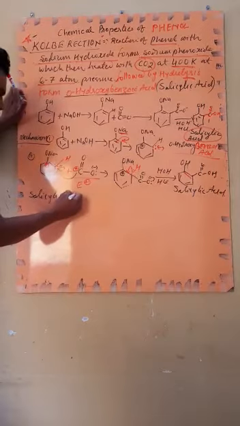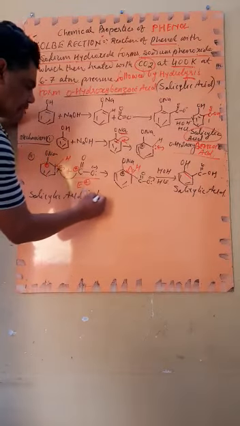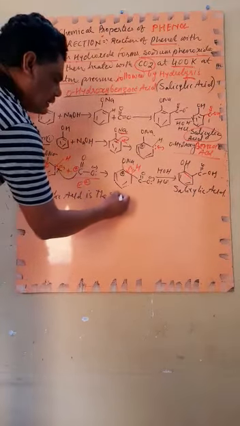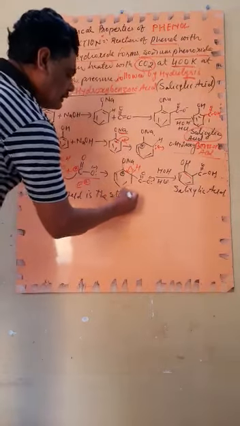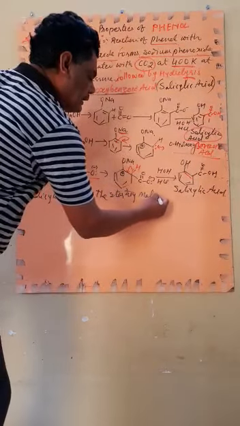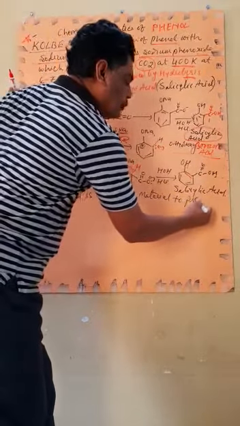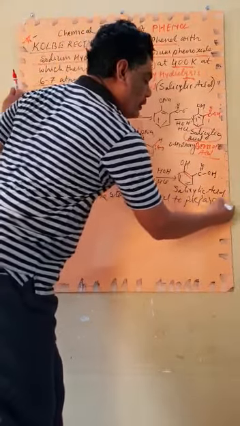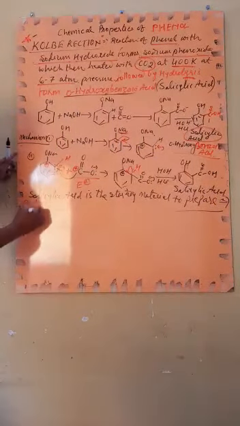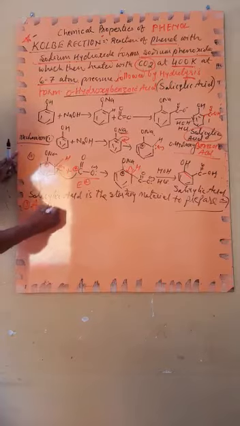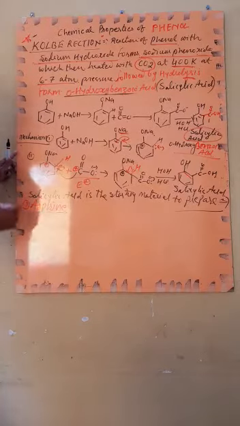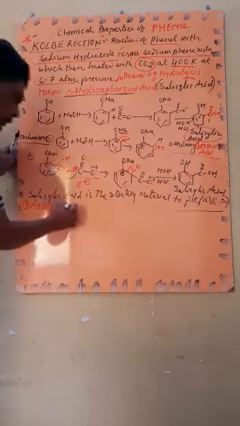Students, salicylic acid is the starting material to prepare 2 very important compounds. The first compound is called aspirin. It is one of the very important compounds. What is aspirin?